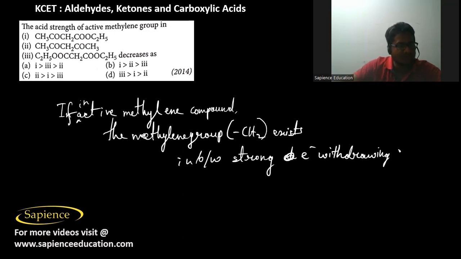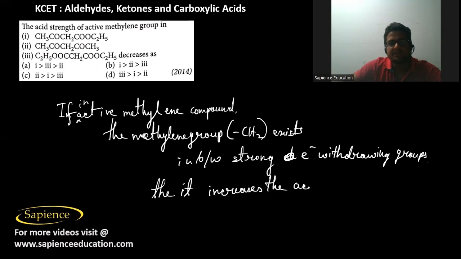If the methylene group exists between strong electron withdrawing groups, it increases the acidic strength of the methylene group.